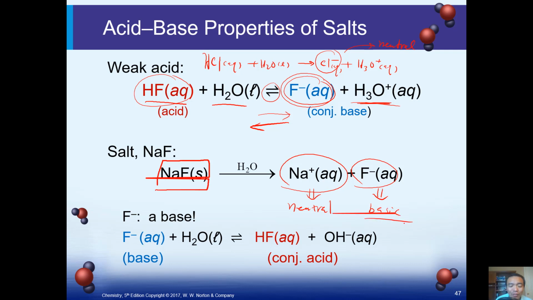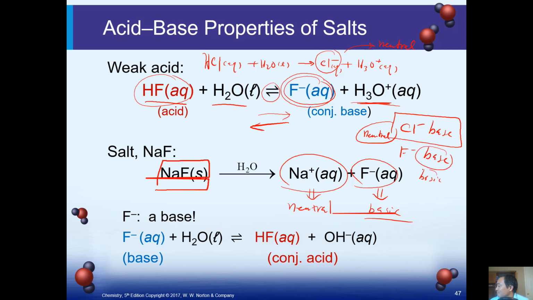Remember the difference between basic and the base. Do remember Cl minus, that is a base, and F minus is also a base. But Cl minus is not basic because this base is so weak. It comes from a strong acid. So this species is neutral, it's not basic. You see the difference? But F minus is a base, and it's also basic in this case.